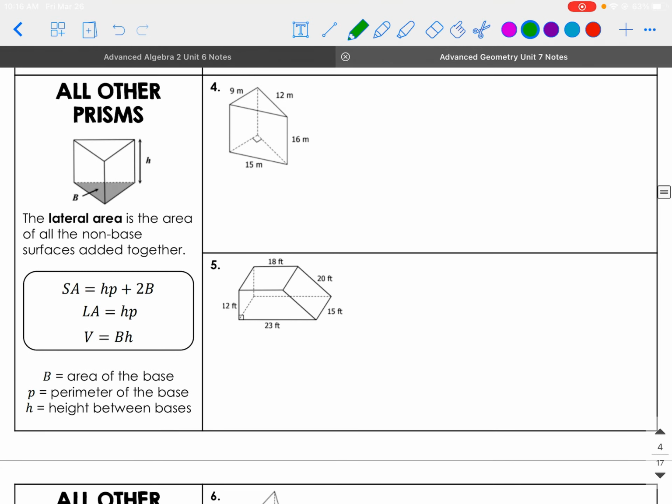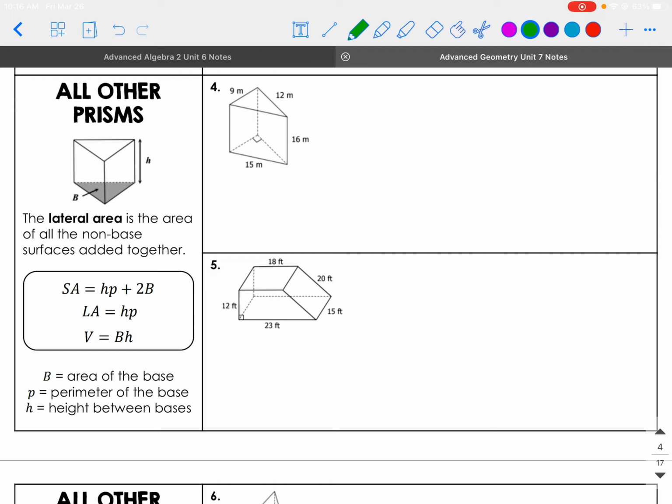Now the other kind of prisms, the formula is a little different. So for these, you need to know the height, and the height is not always from bottom to top. The height is from base to base. So it's the length between the bases. If your shape is standing so the base is on the floor, then yeah, it would be top to bottom.